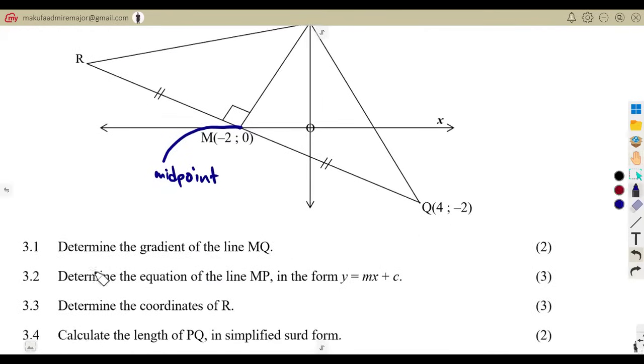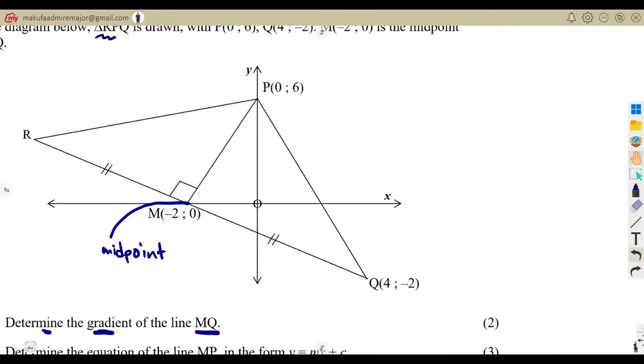Anyways, let's see. The question was 3.1, determine the gradient of the line MQ, from M to Q. Remember you can just name X1, Y1, X2, Y2, and determine our gradient.